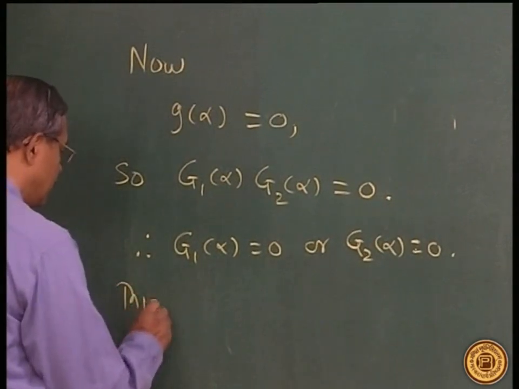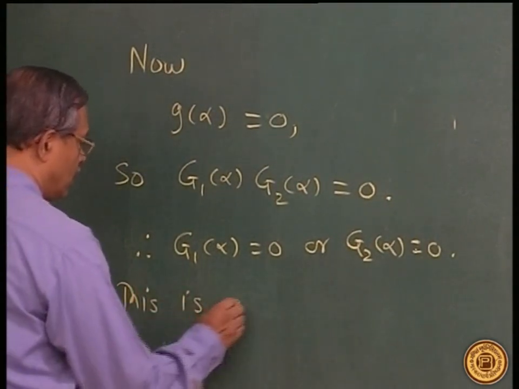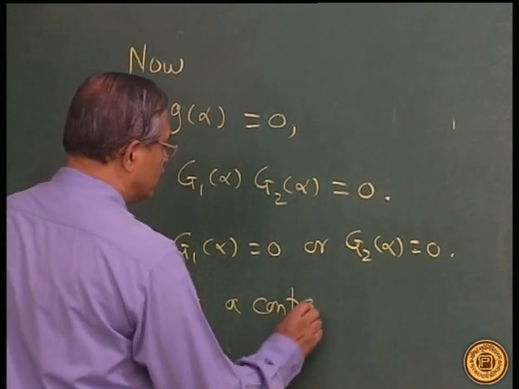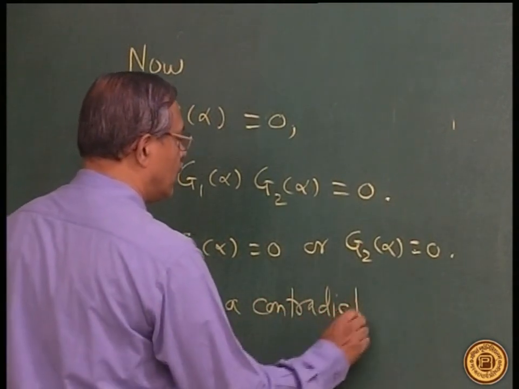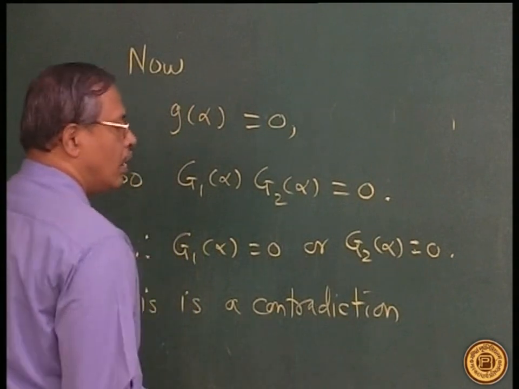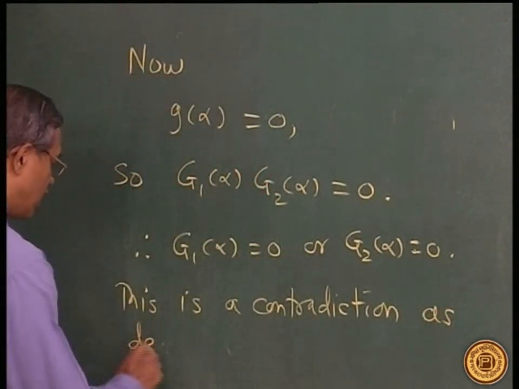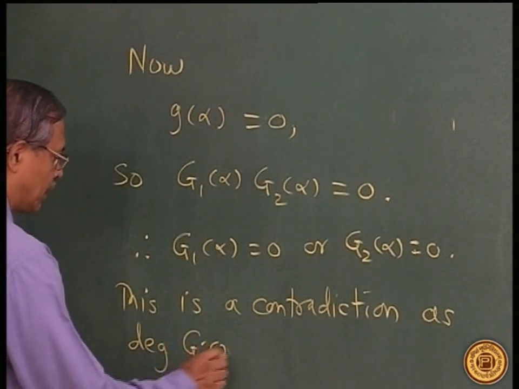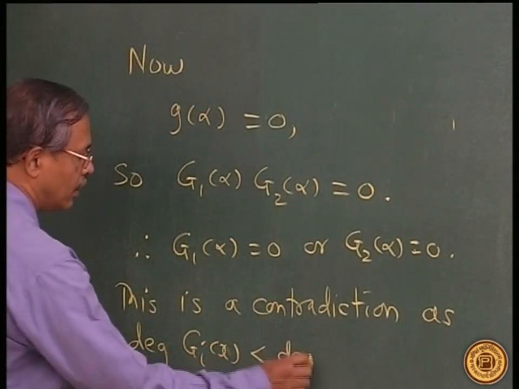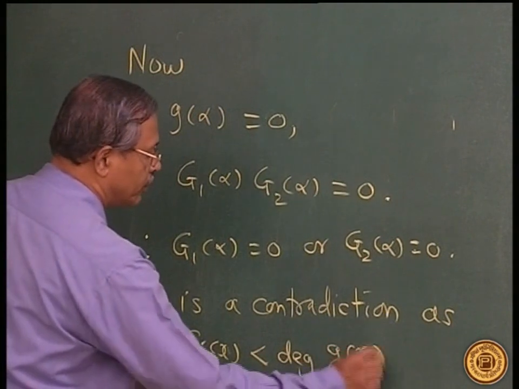This is a contradiction, as the degree of Gi(x) is less than the degree of g(x).